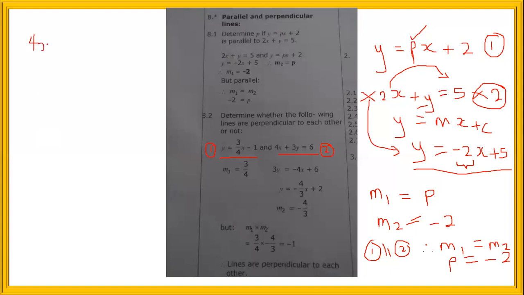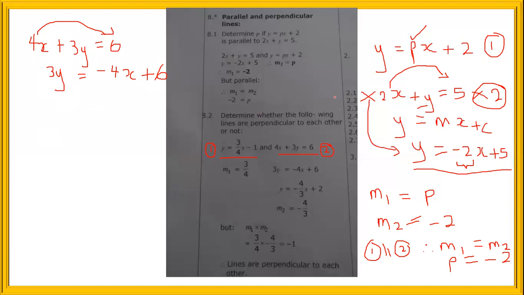So how do we do that? We have 4x plus 3y is equal to 6. Now we need to make 3y the subject of the formula. 3y is equal to, move 4x to the other side of the equation, it becomes minus 4x plus 6. Now remember, we want to make y the subject of the formula.